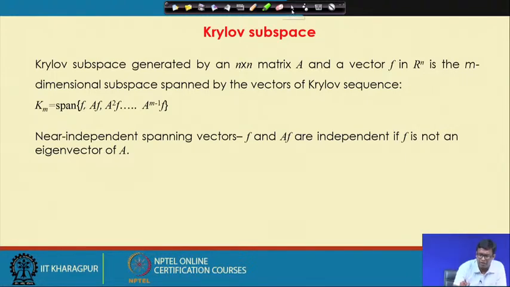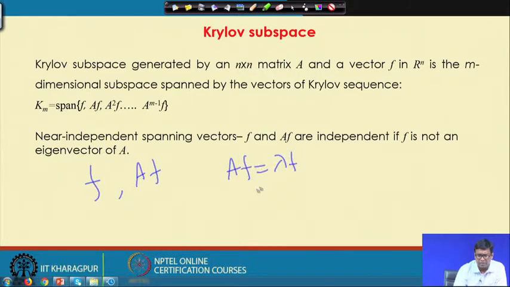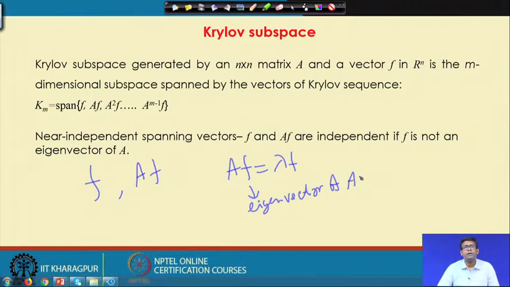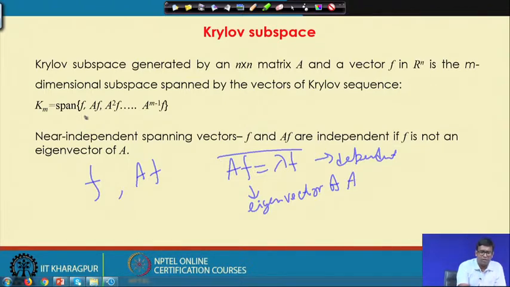If I have a vector f and another vector A f, they can be linearly dependent only if A f is equal to lambda f, that is, f is an eigenvector of A. This is the only case in which they are dependent, that f is an eigenvector of A; otherwise they will be linearly independent.